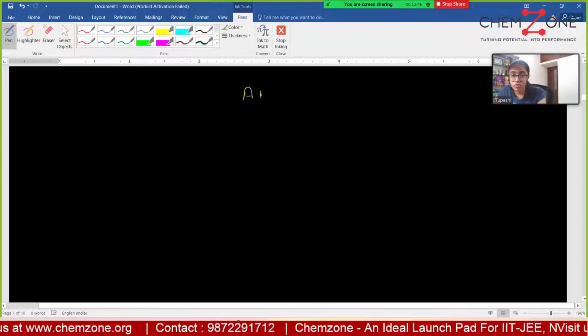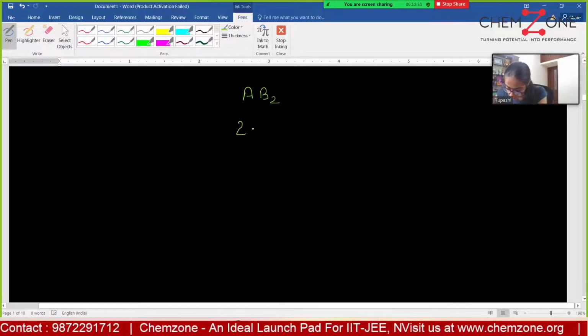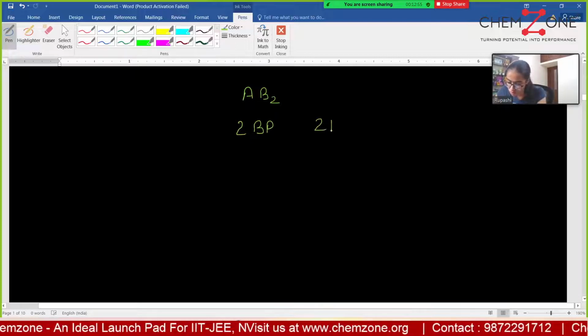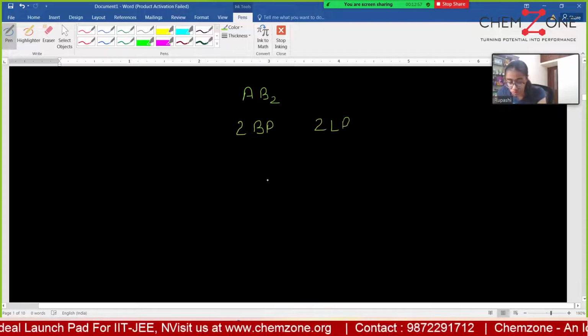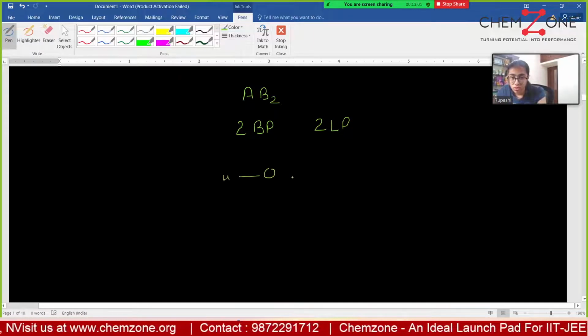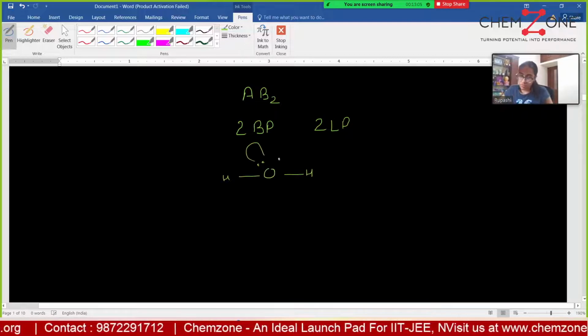Now again I am considering AB2, where again I have two bond pairs, but this time I have two lone pairs. For example, we have water. Two bond pairs are there and two lone pairs are there.